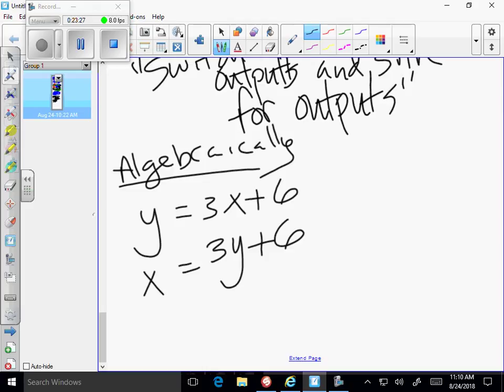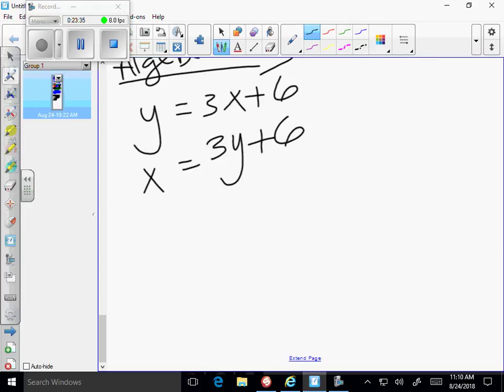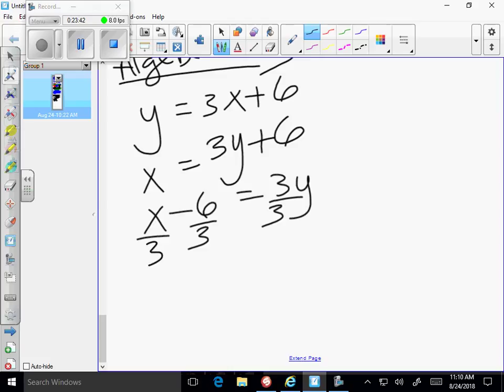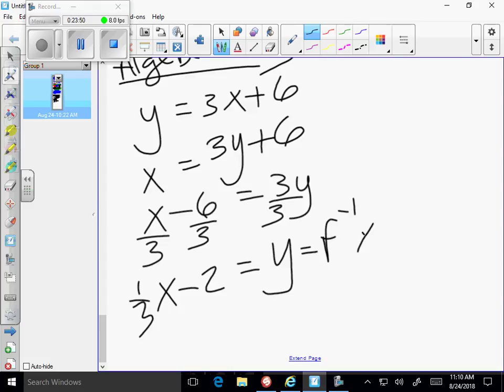No, what do I still need to do? Yes, great, solve for y. So I'm going to have x minus 6 equals 3y, and then I'm going to divide everything by 3. And so I'm going to get 1/3 x minus 2 equals y, or as we can now call it, f inverse of x. This is the inverse function.